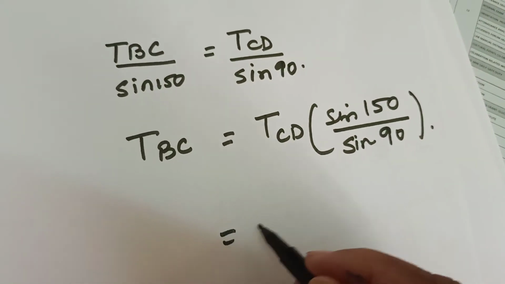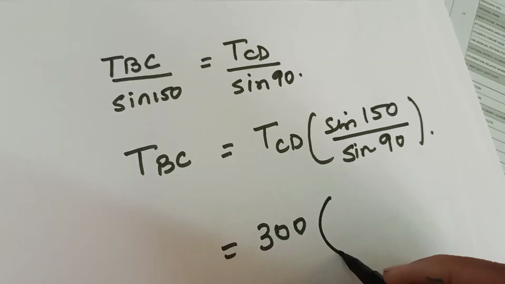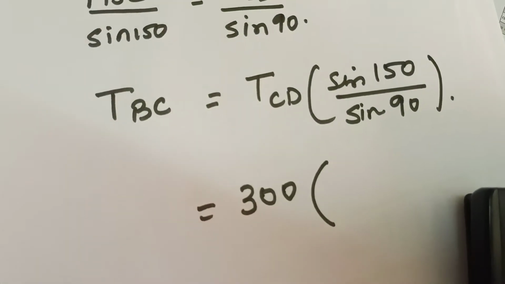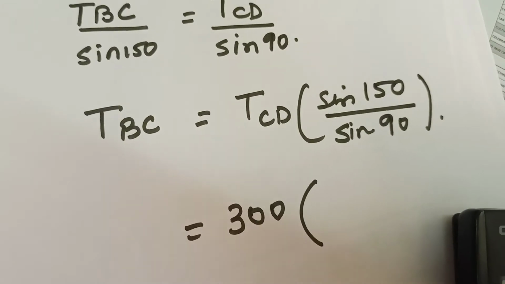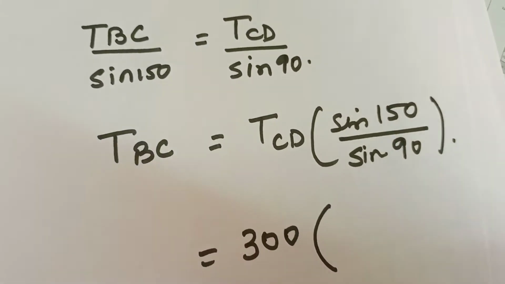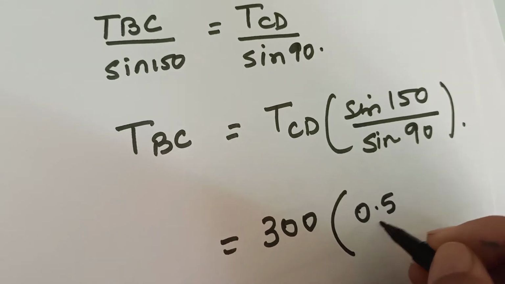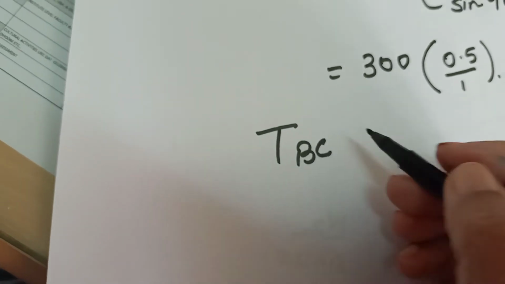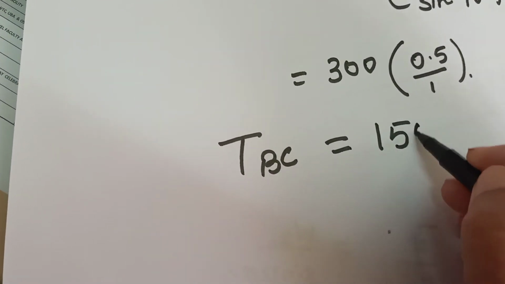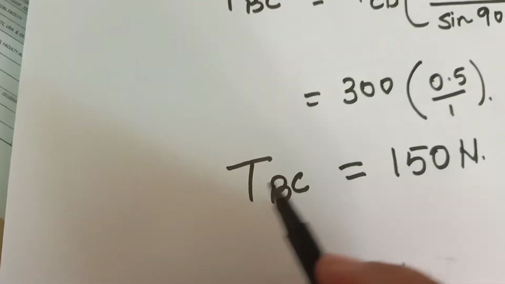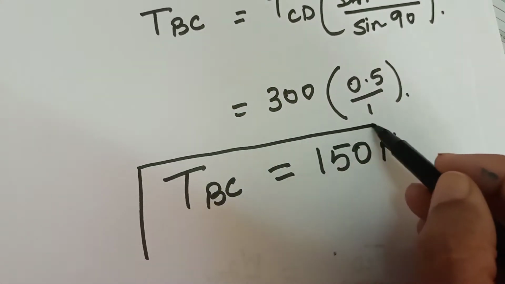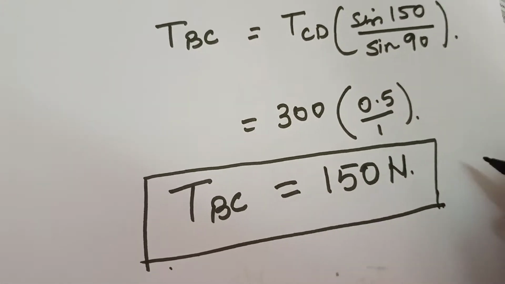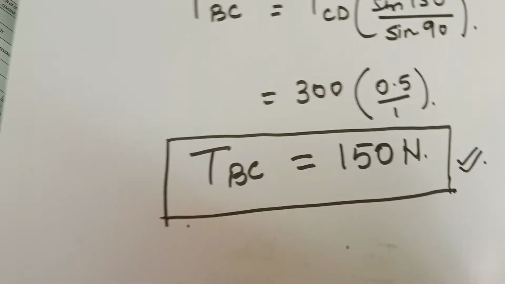What is TCD? 300. What is sine 150? Sine 150 is 0.5 divided by 1. So we get TBC is equal to 150 newtons. So now we have calculated TBC also. Okay, so second answer we have obtained.